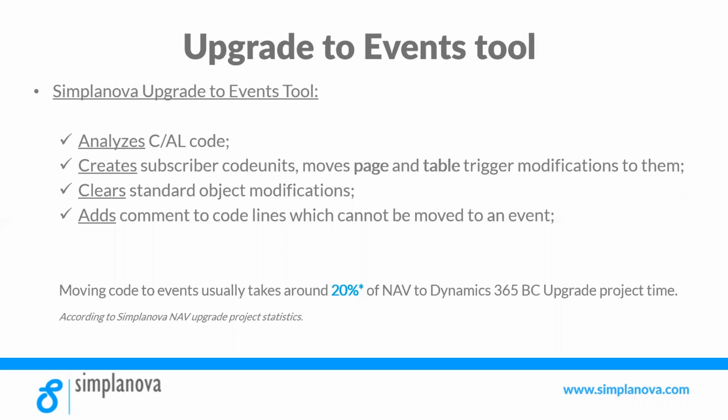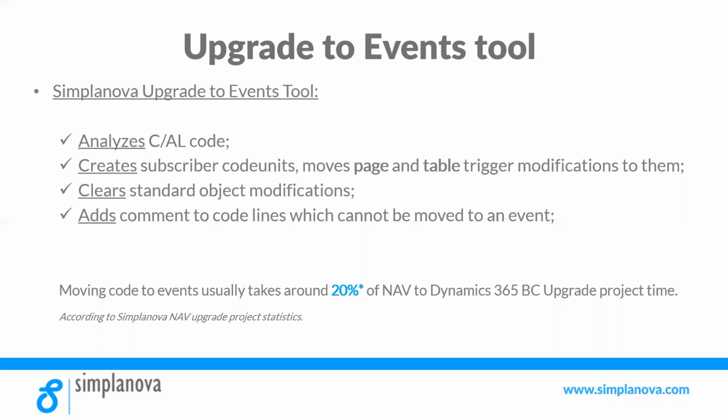And what is the main idea of this tool? First of all, if you upload the two objects in this tool, the standard one and the customized object, our tool does C/AL code analysis, and it gives you suggestions on what you need to do and how you can move your custom code to events.